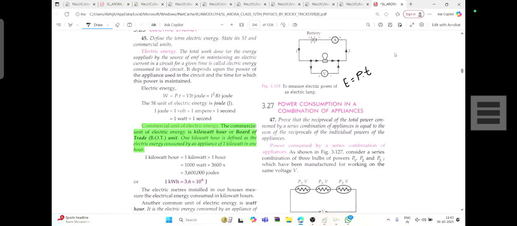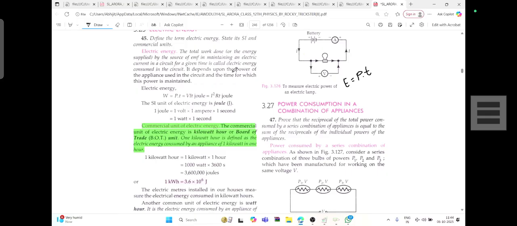That is the unit of electrical energy. What is electric energy? The total work done or the energy supplied by the source of EMF in maintaining an electric current in a circuit for a given time is called electrical energy consumed in the circuit.